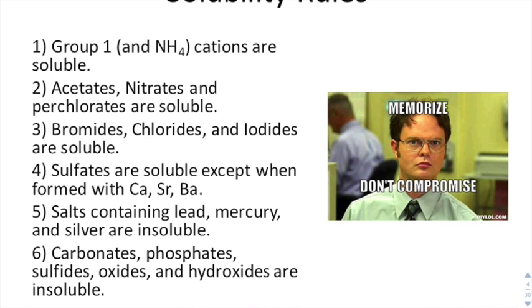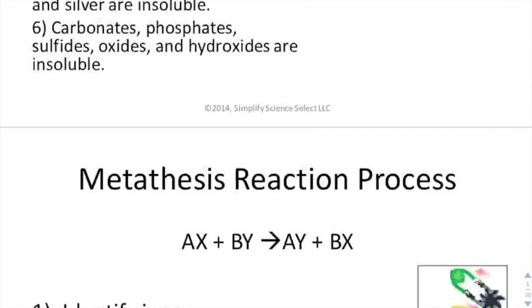Your sulfates are soluble, except when they're formed with calcium, strontium, and barium. Salts containing lead, mercury, and silver are generally insoluble, although there are some exceptions. Carbonates, phosphates, sulfides, oxides, and hydroxides are also generally insoluble. You do need to know those rules that you were given at the beginning or for your summer assignment. The expectation is that you know them by now.